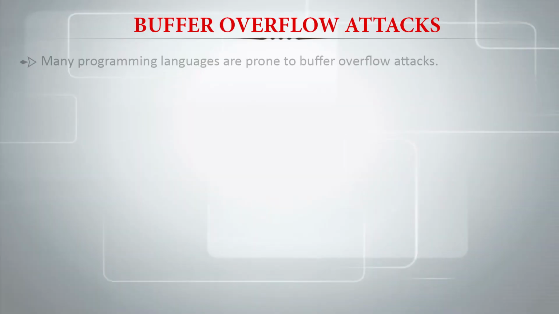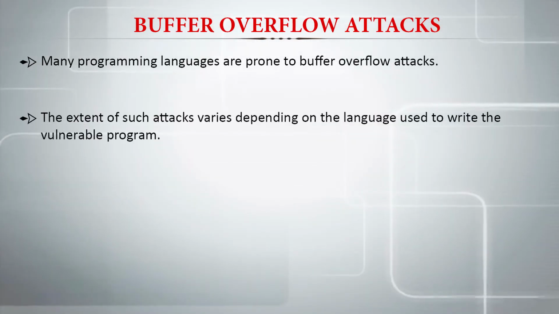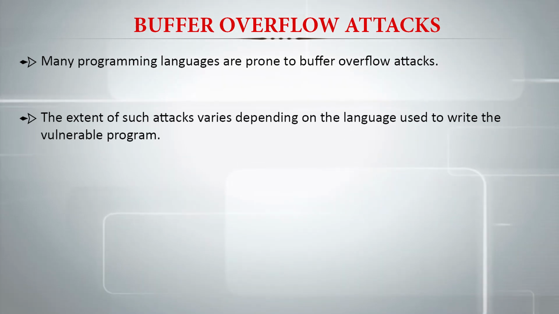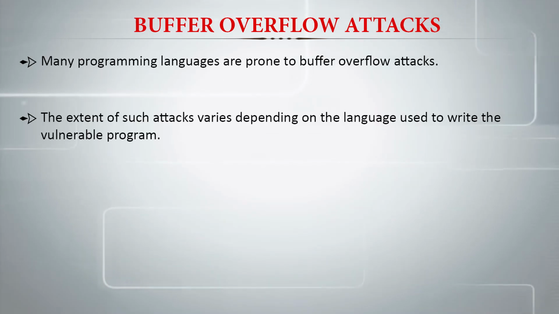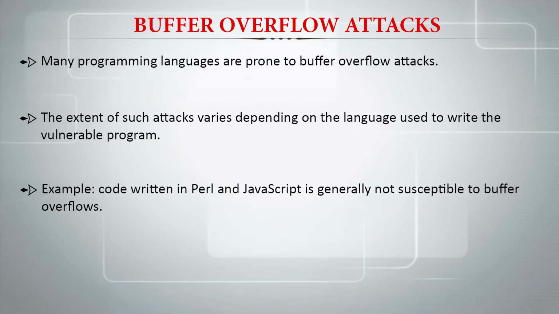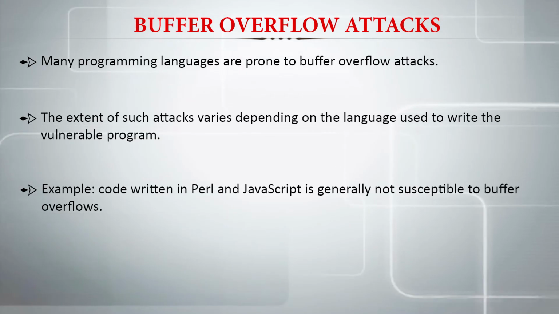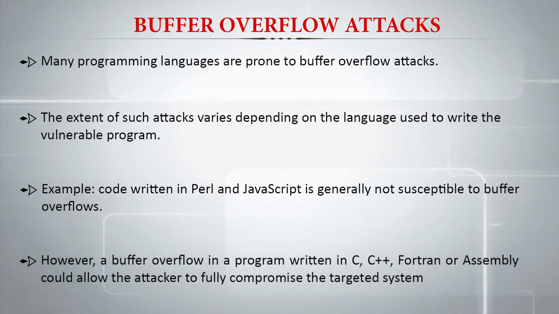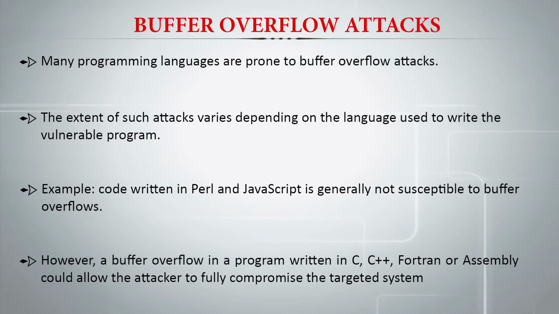Many programming languages are prone to the buffer overflow attack. The extent of such attacks varies depending on the language used to write vulnerable programs. For example, code written in Perl programming language or JavaScript scripting language is generally not susceptible to buffer overflow, but a buffer overflow in a program written in C, C++, Fortran, or assembly could allow the attacker to fully compromise the targeted systems.